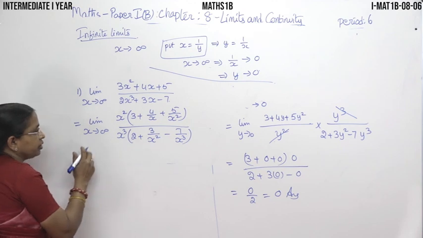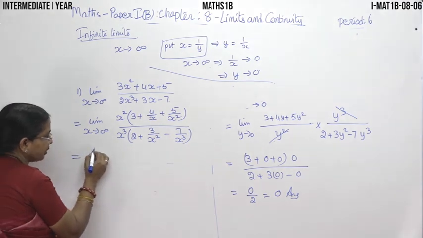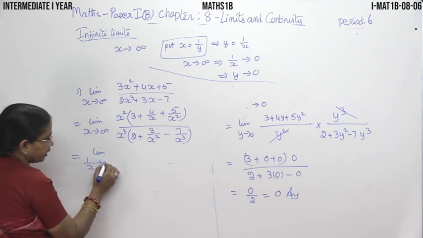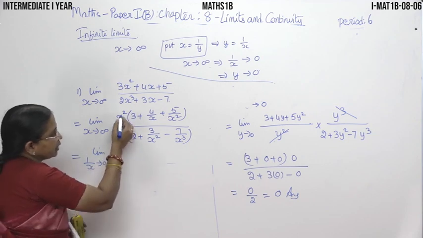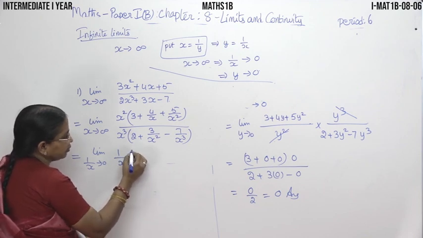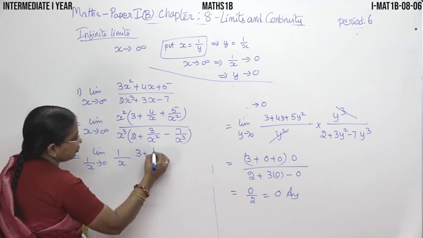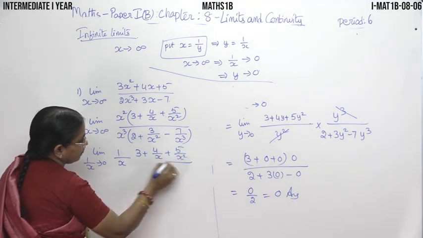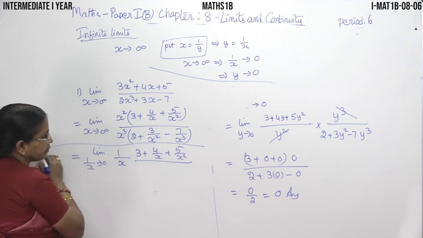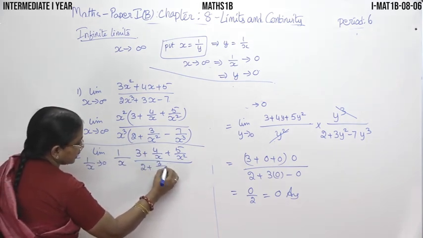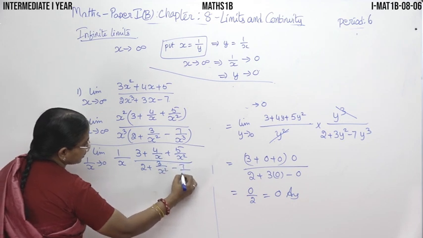So x tends to infinity implies 1 by x tends to 0. Without any substitution, you will write 1 by x tends to 0. So here x cube and x square get cancelled, and you'll get 1 by x into (3 plus 4 by x plus 5 by x square) by (2 plus 3 by x square minus 7 by x cube).